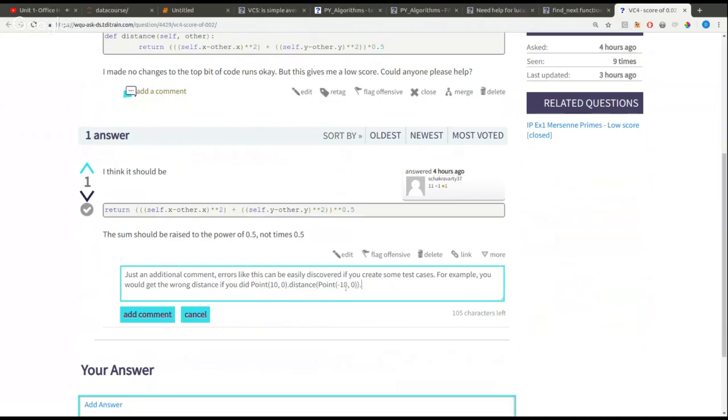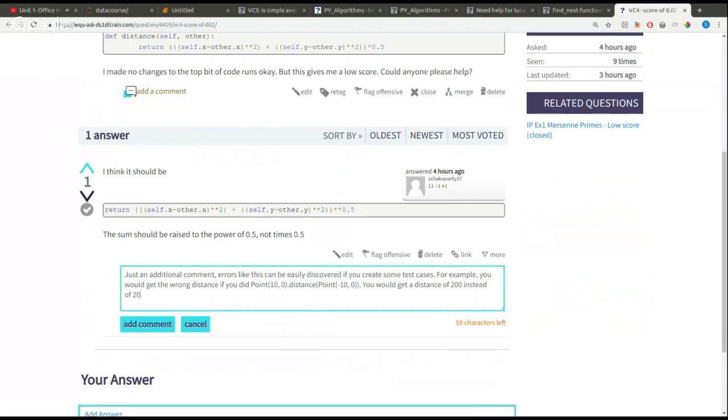So here we should get a distance of 20. You would get a distance of 20 squared is 400 times a half, 200 instead of 20.